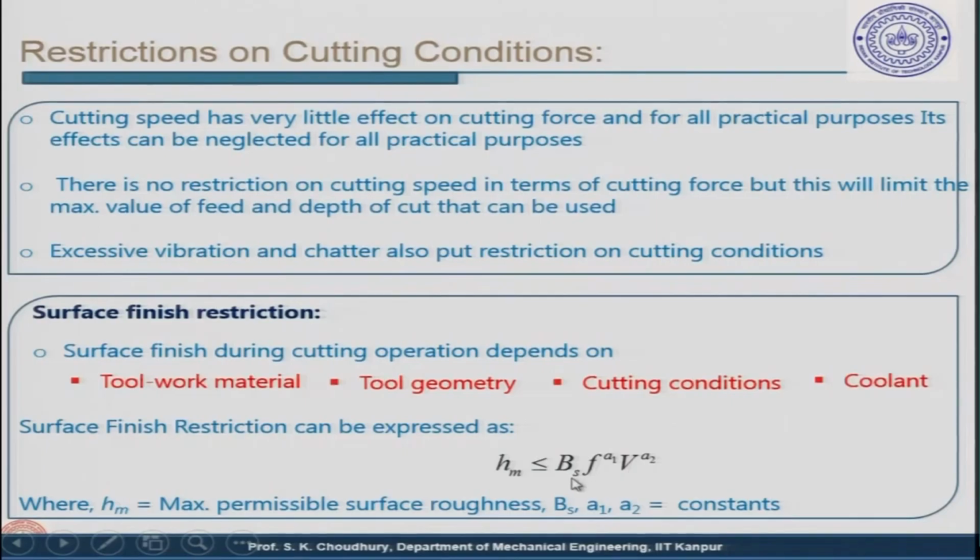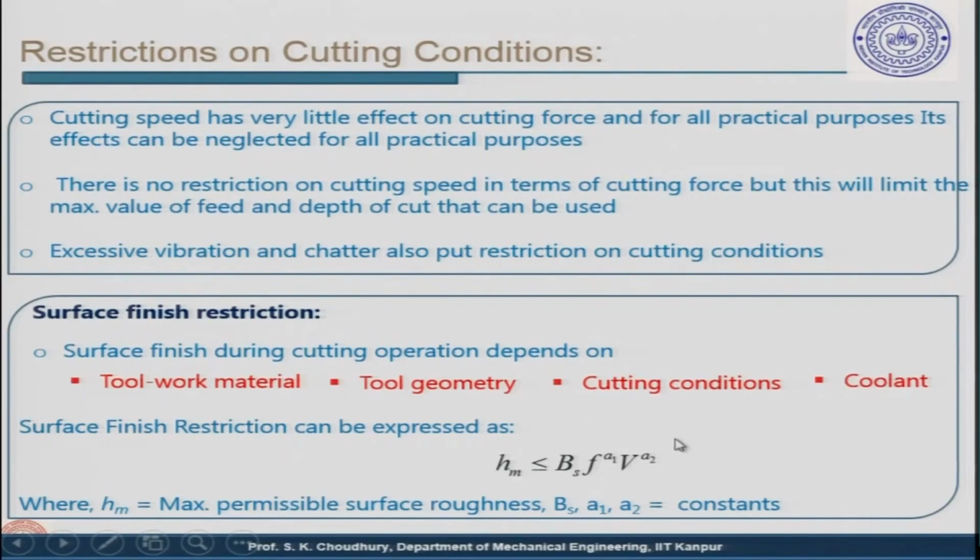So, here the Bs, A1 and A2 are constants, and therefore, whatever V optimum that you have selected has to satisfy this equation. If not, then the V optimum that you have already calculated for the maximum profit rate or maximum production rate or minimum cost has to be adjusted. Okay, this is what it has been said.